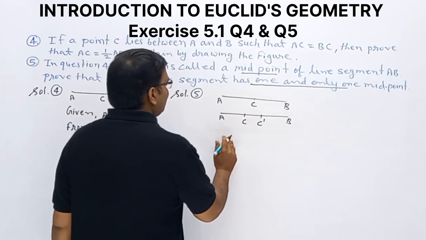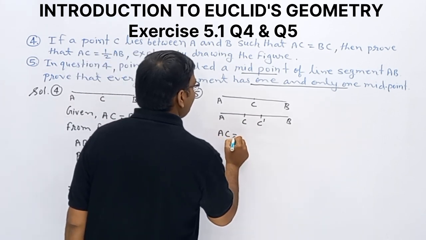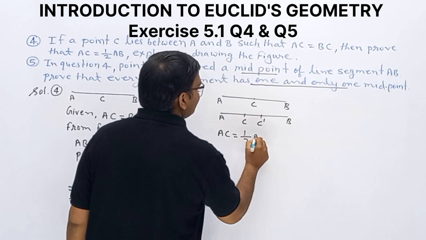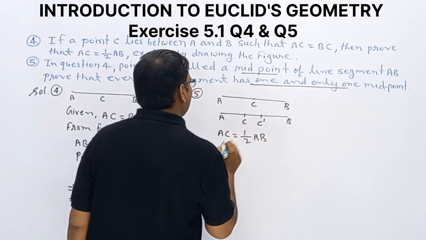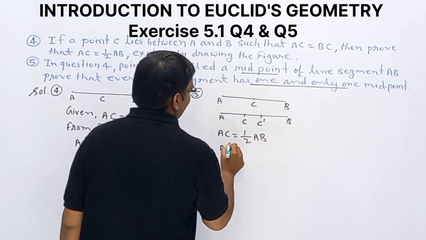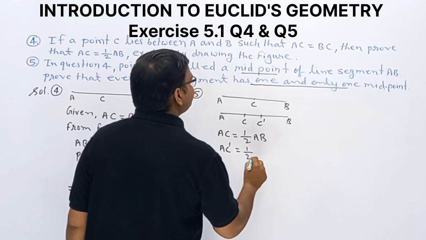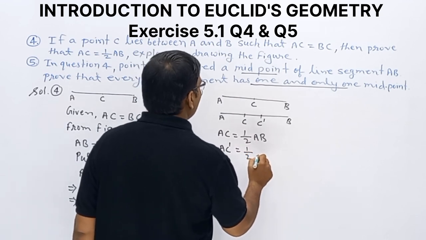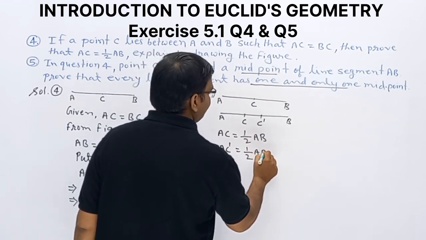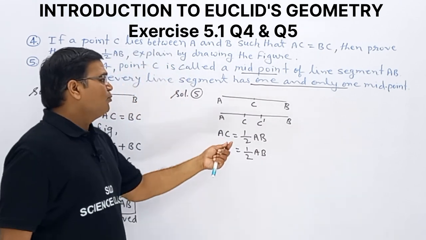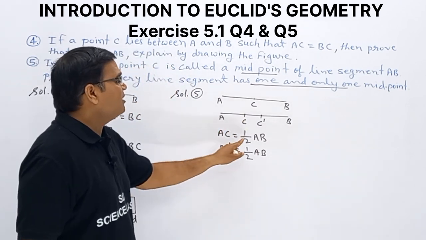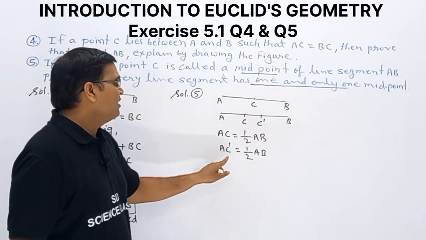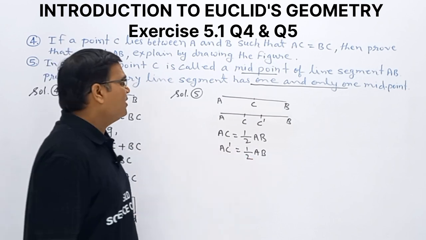So AC will be half of AB, and AC dash will be half of AB. For this midpoint AC can be written as half of AB. For this one AC dash can be written as half of AB.